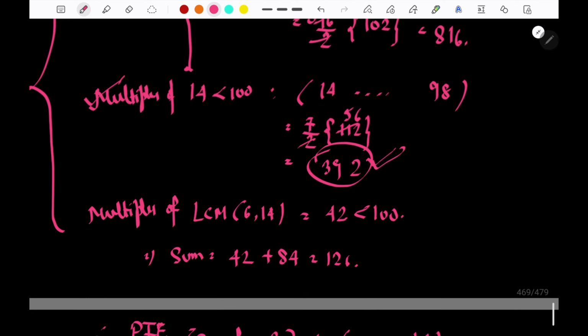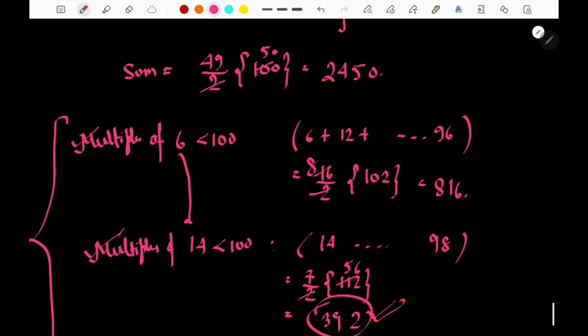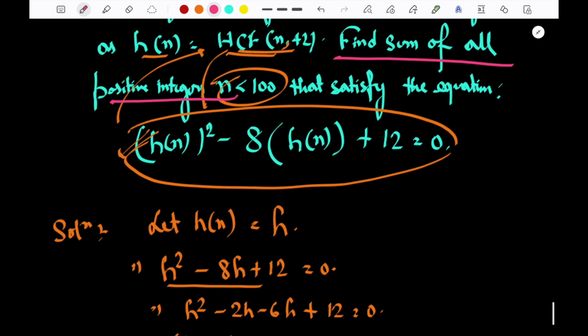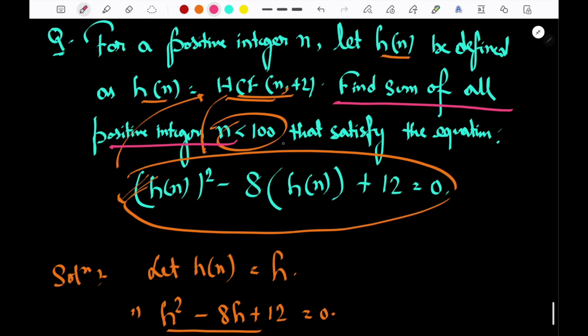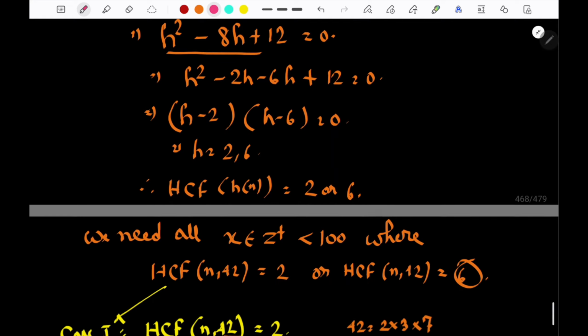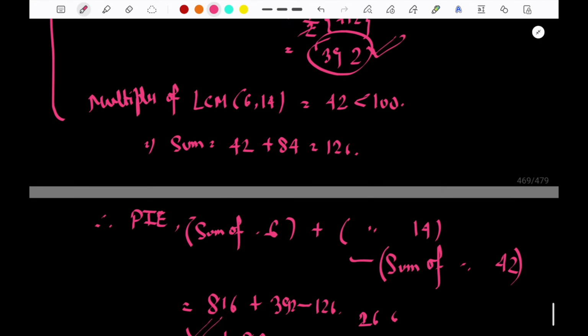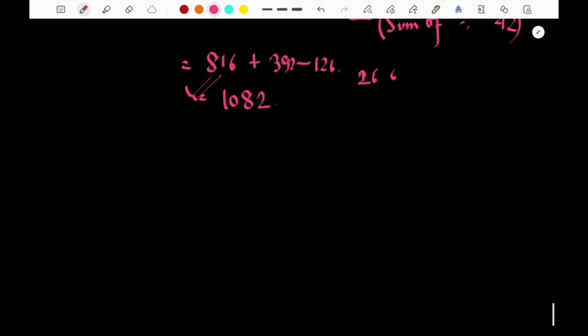But what will the overall answer be? We have calculated the total even numbers. What was the sum of even numbers? 2450. But what do we need? We need the sum of all positive integers that satisfy this equation. So basically here 2450 was the total and here it is 1082.